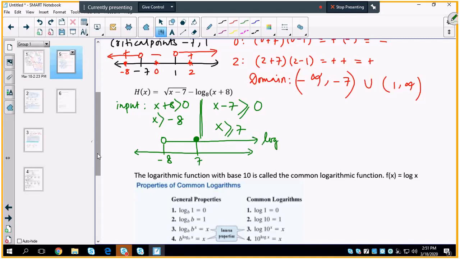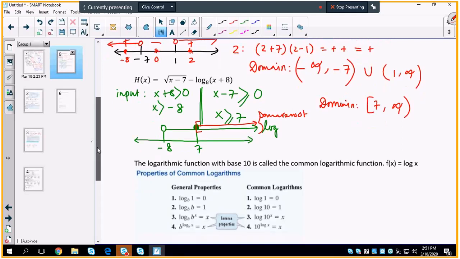For the square root function, x must be greater than or equal to 7. What is the overlap of these two colors? It's from 7 all the way to infinity. So the domain of the algebraic subtraction between these two functions will be the overlap, closed 7 to +infinity. And that would answer your question.